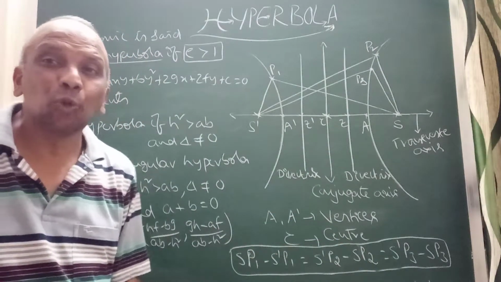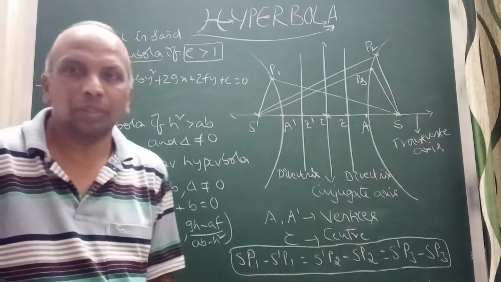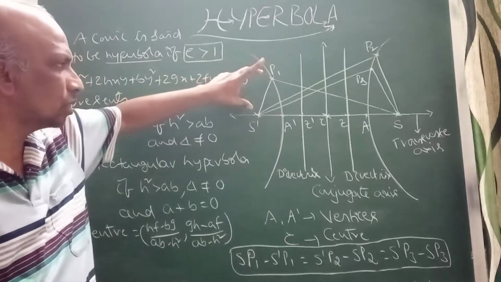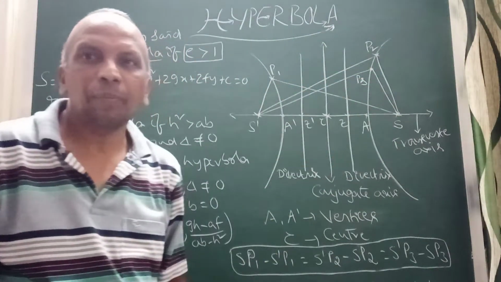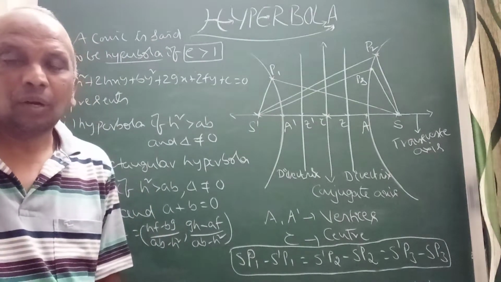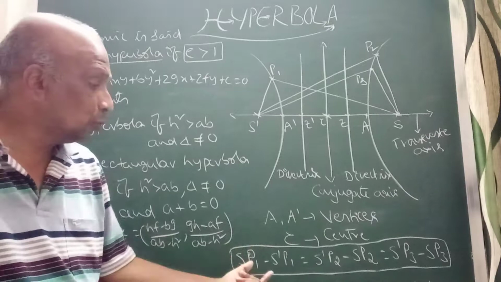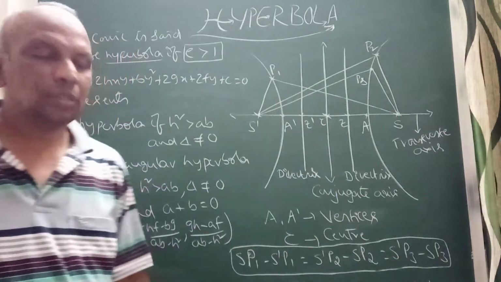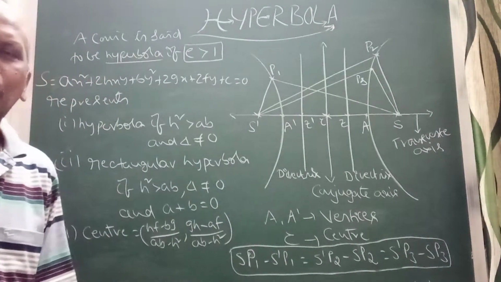The difference between the two focal distances will be constant. This is called focal distance. Always the difference of the two focal distances is constant. That is the concept of hyperbola.